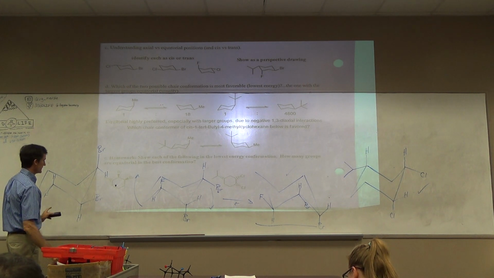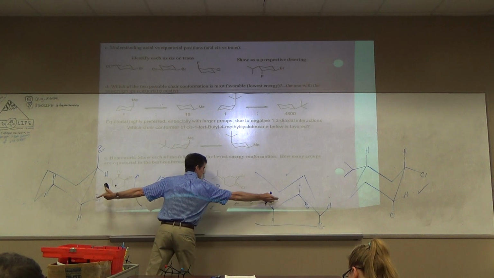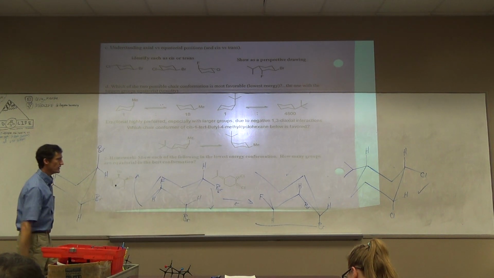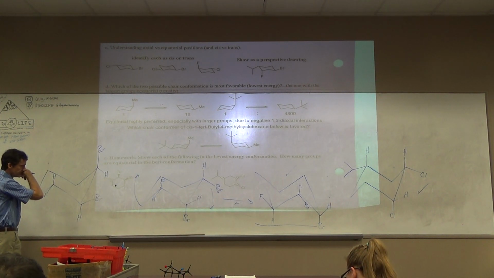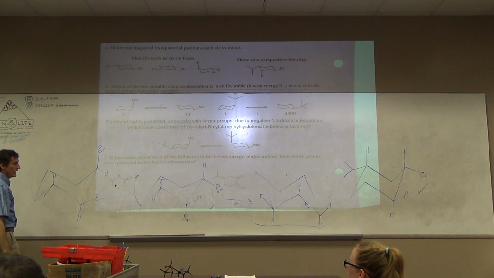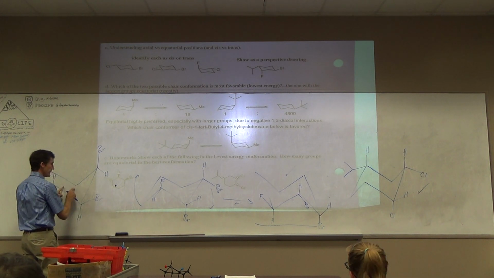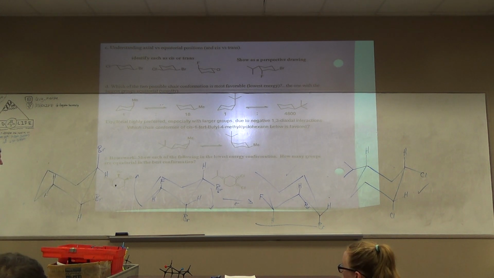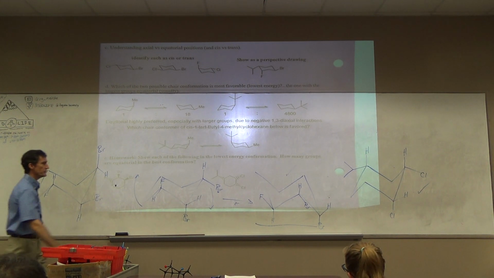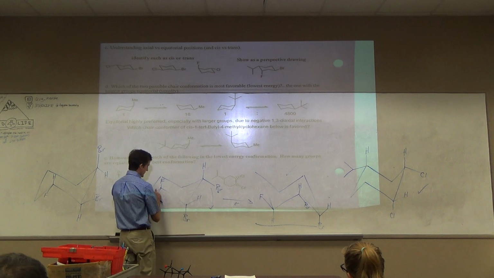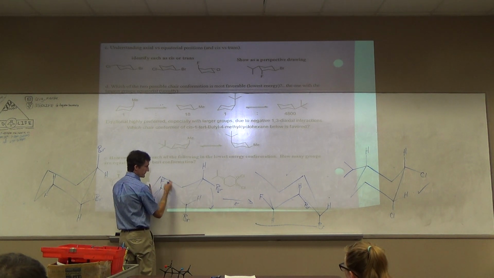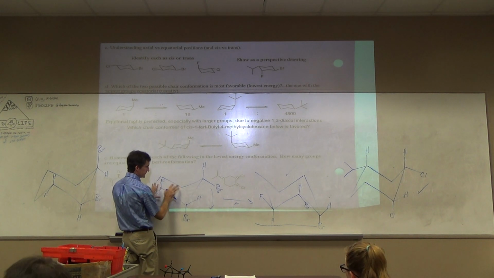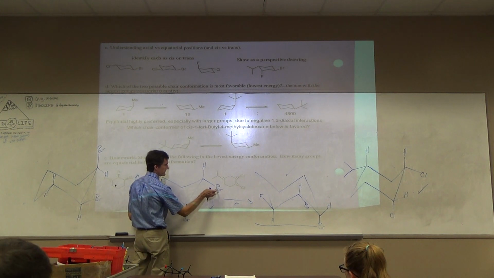The problem is these two are actually mirror images. If you're not concerned with mirror images, that's okay. In this case, this is actually the right mirror image. And that's another way to do that if you're not concerned with mirror images. Instead of doing a ring flip, use the same core structure or chair conformation, just go back and switch.